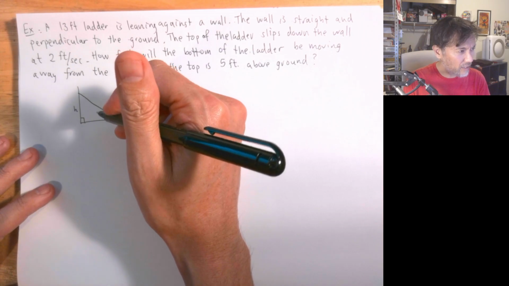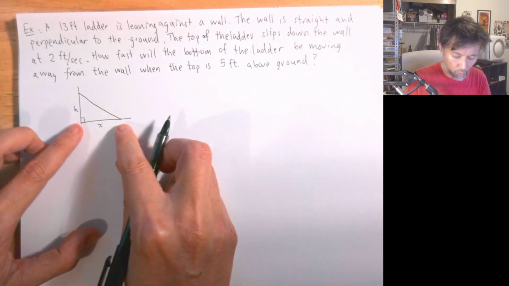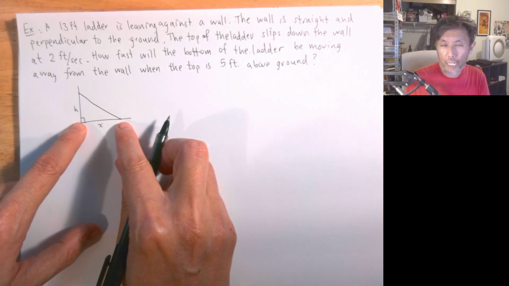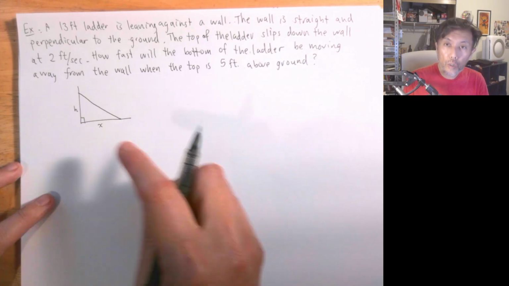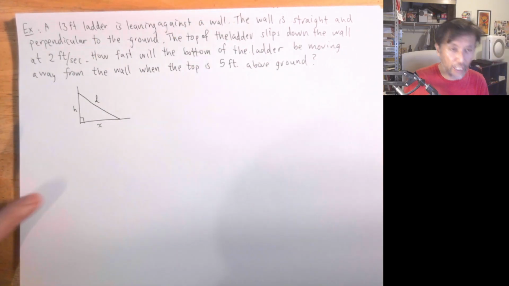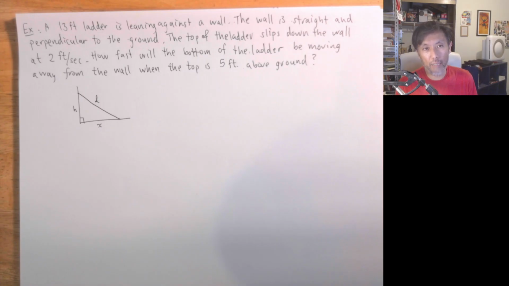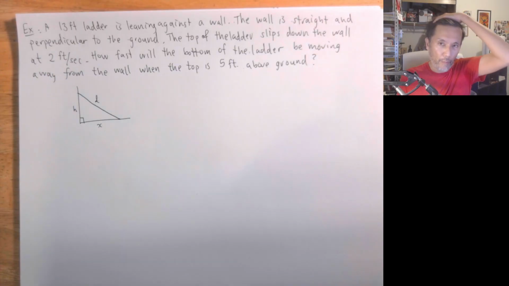This thing here, call that x to represent the distance between the wall and the bottom of the ladder. And I could give a variable name to the length of the ladder. Maybe I call it L, because L is the first letter of the word ladder.